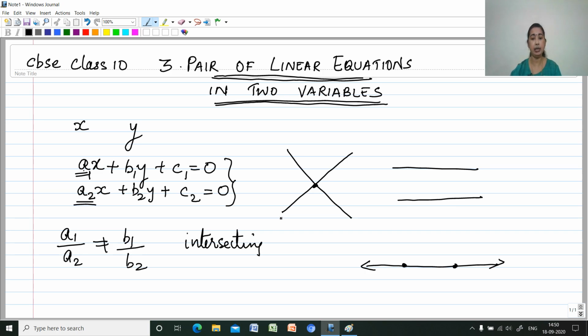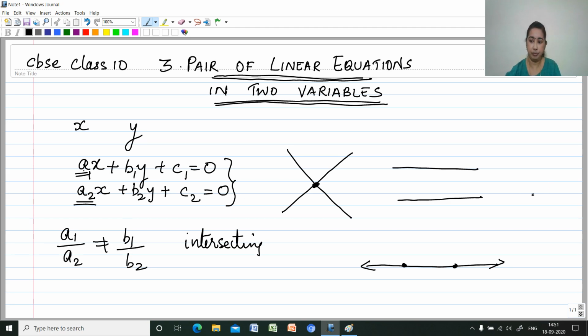So there will be a solution. That intersecting point will be the solution of these two. So a1 by a2 not equal to b1 by b2, we call it intersecting lines and the intersecting point is the solution. If two lines are intersecting, then there will definitely be a solution.